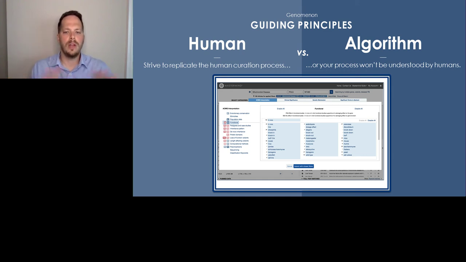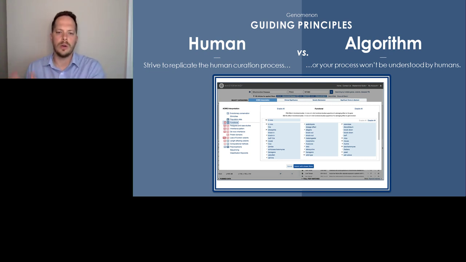And so by no means is Genomenon's GLP intended to replace the human process. Rather, it's intended to expedite the human curation process by following their paradigm, whether they're codified in those guidelines that I talked about, or whether they're patterned in the user's own search, but to, as faithfully as we can, recapitulate what a human would do to go through and adjudicate the value of any of that information, but just do so at 100 or 1,000x scale.